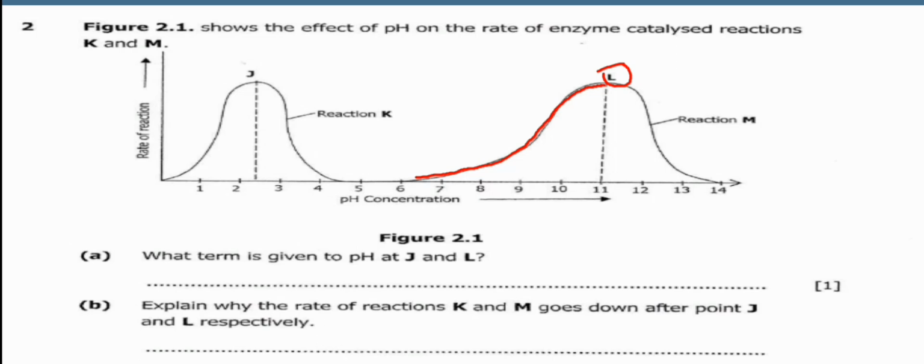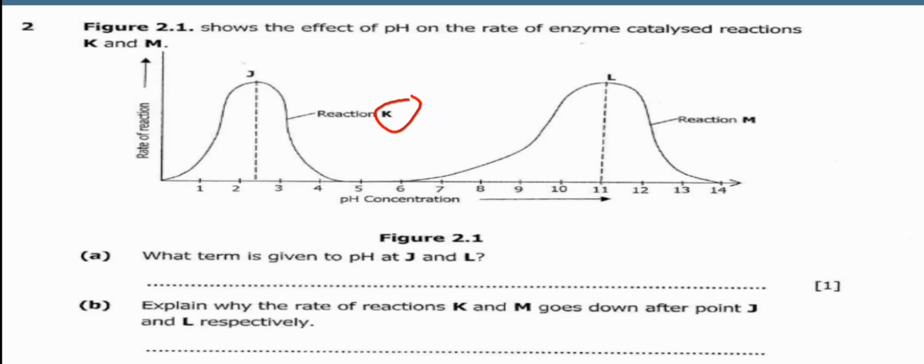Now, beyond L, which is the optimum pH, similarly, an enzyme is going to undergo denaturation. One thing that you need to understand here is that this graph is more like the pH scale, or it is just representing the pH scale, because it is ranging from 0 up to 14. Meaning, the reaction of K here is catalyzing under acidic pH.